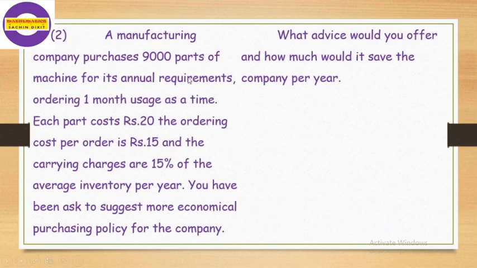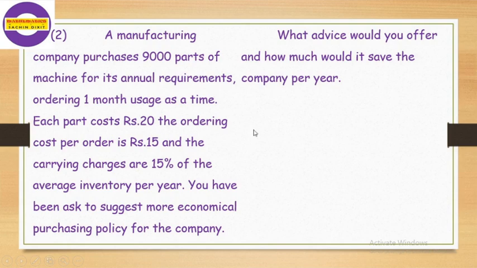Second example. A manufacturing company purchases 9,000 parts of a machine for its annual requirements. Ordering 1 month uses as a time, each part costs rupees 20.